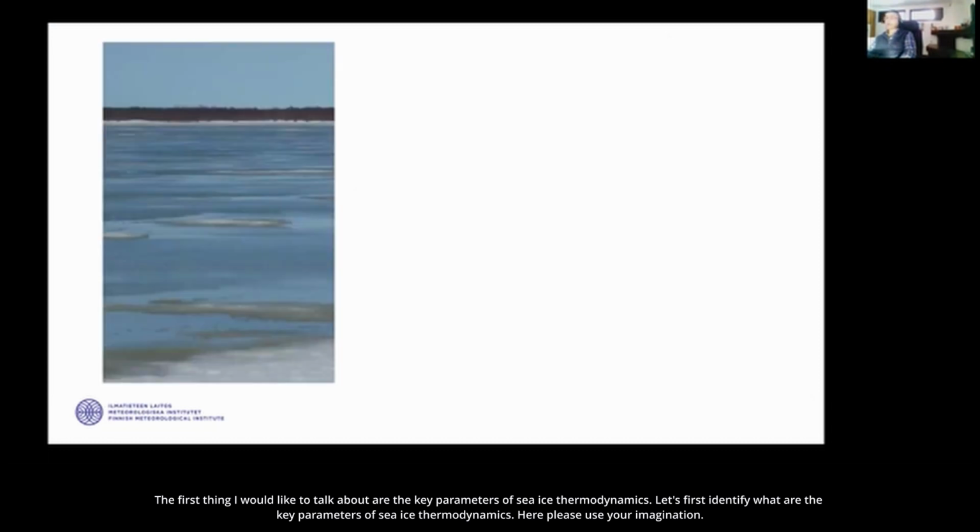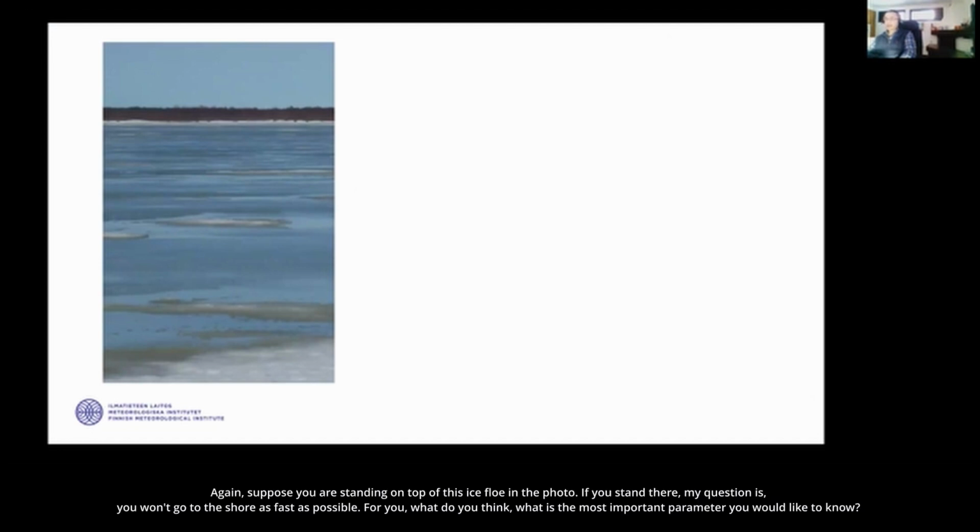The first thing I would like to talk about is the key parameters of sea ice thermodynamics. Let's first identify what the main key parameters of sea ice thermodynamics are. And here, please use your imagination again. Suppose you are standing on top of this ice floe in the photo I showed.